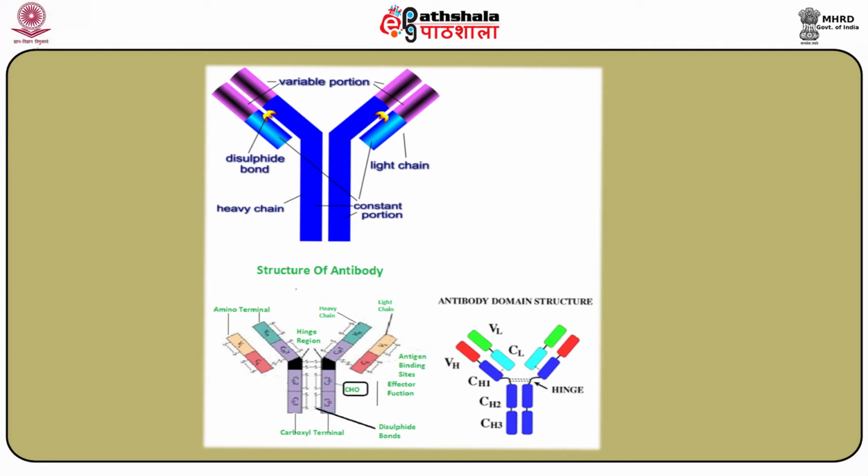Variable domains are VL and VH, whereas the constant are CL and CH1, CH2, CH3 or sometimes CH4.